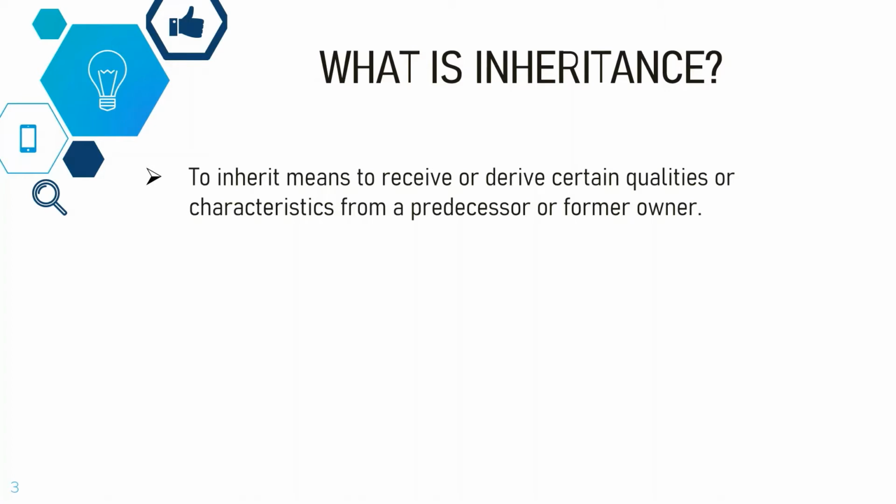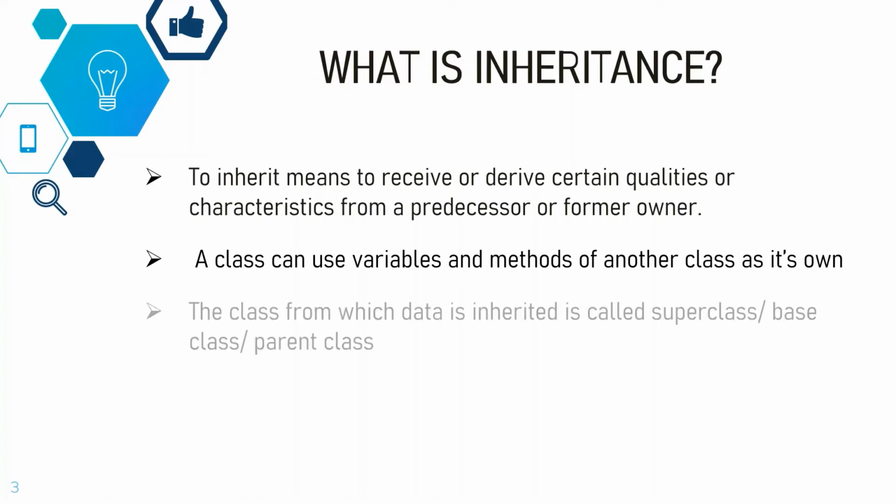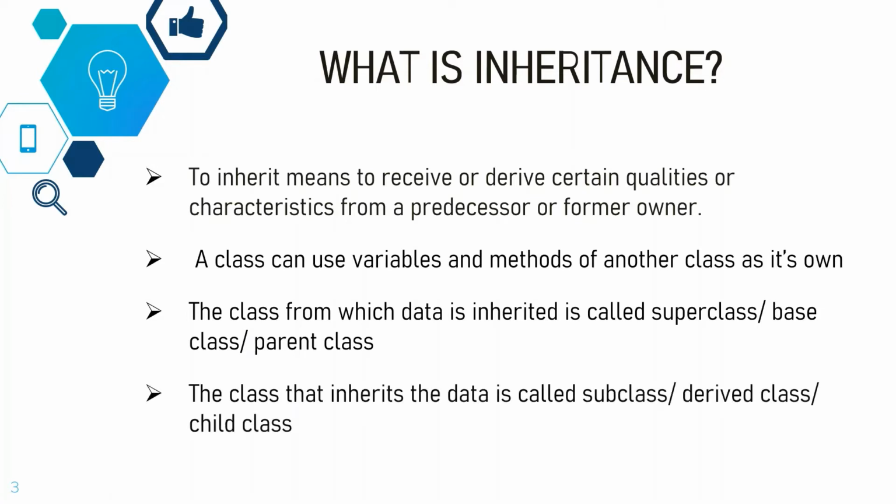Now, in object-oriented programming, with the help of inheritance, a class can use variables and methods of another class as its own. Further, the class from which data is inherited is called the superclass, the base class or the parent class, and the class that inherits this data is called the subclass, the derived class or the child class.